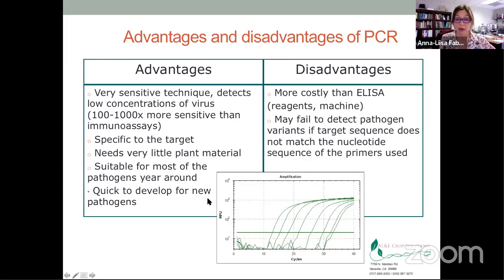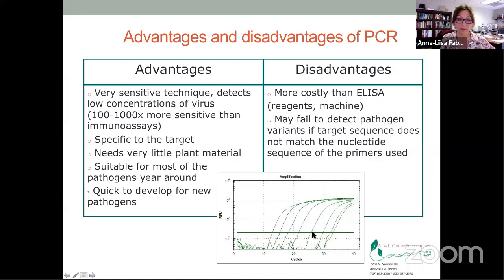Here is an older slide of the advantages of running the PCR test. They are much more sensitive than the immunoassays. We can detect a very little bit of the virus.